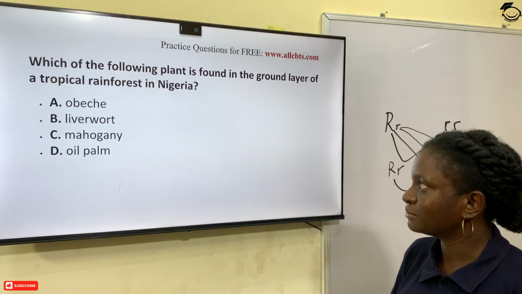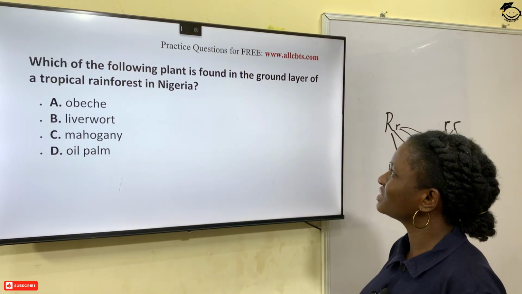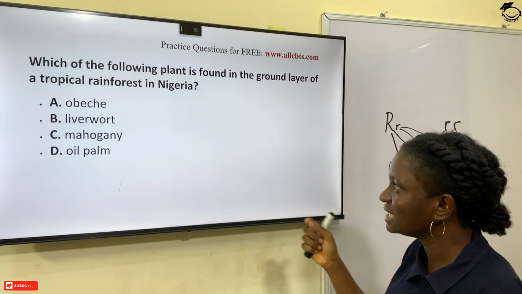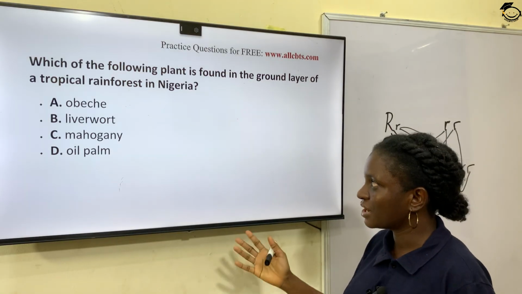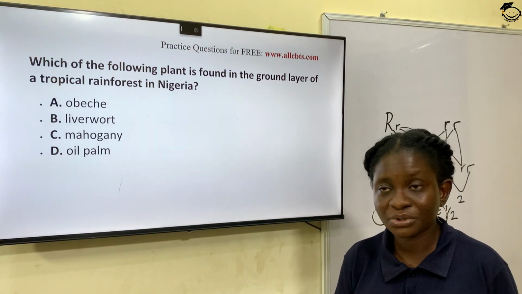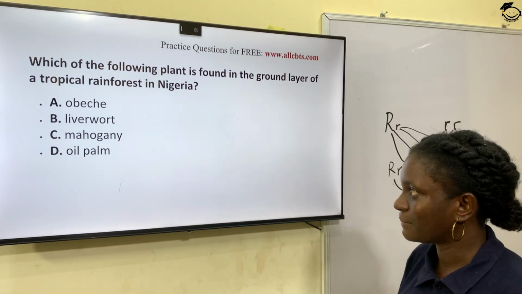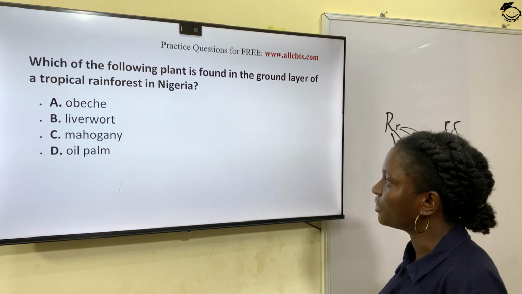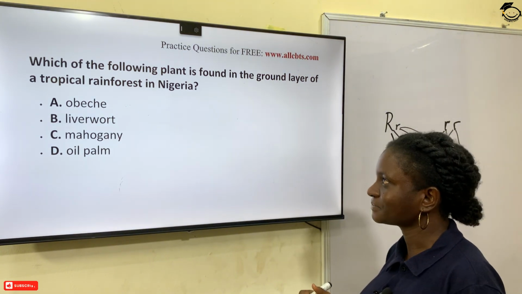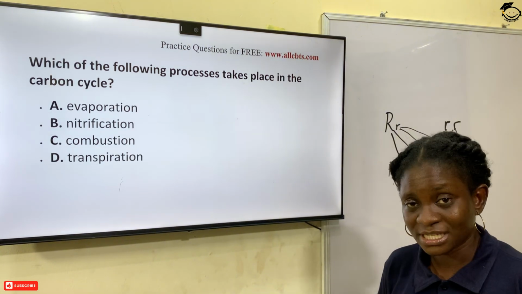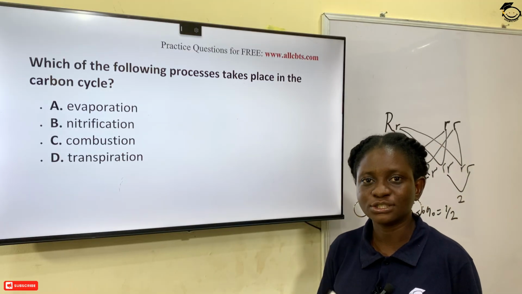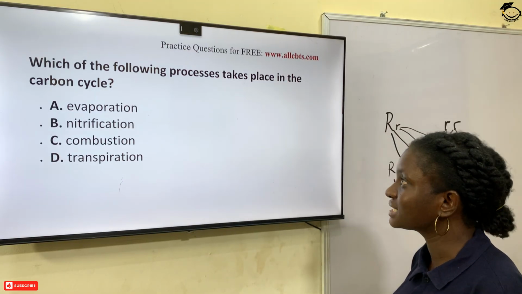So it's a watery area. The type of plant mainly found in that type of area is liverwort. Option B is the correct answer. So mostly non-vascular plants are found in the tropical rainforest.